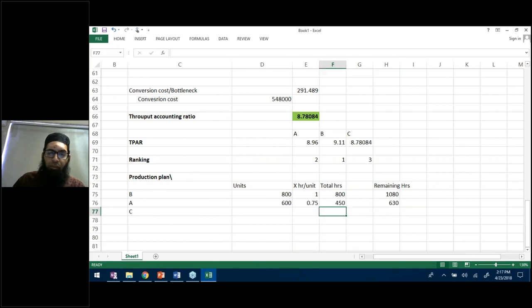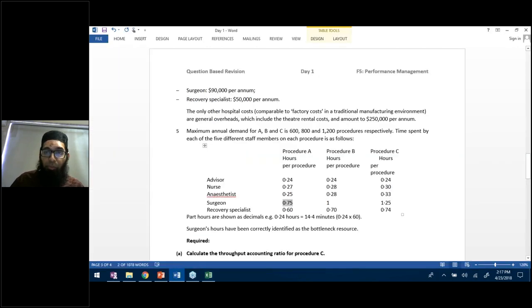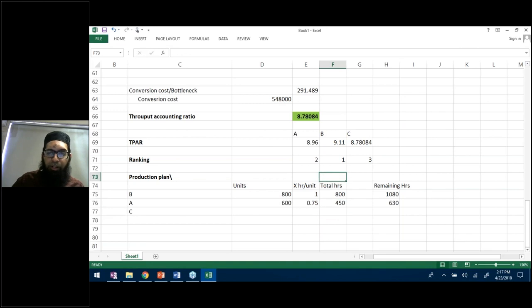Now, for procedure C, I have to do 1200 and procedure C requires 1.25 hours. So if I roughly calculate it over here, 1200 into 1.25, clearly I will require 1500 hours to complete, but I am only left with 630 hours. So of course I will not be able to complete procedure C in total.